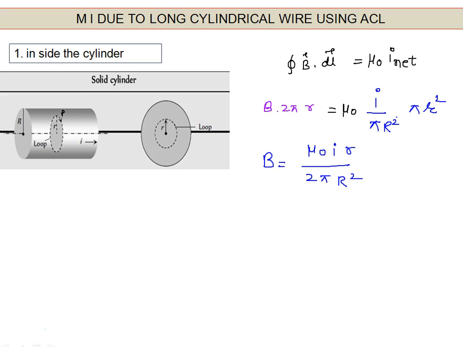So what you will say, inside, at any point, B is directly proportional to r. This is inside. And outside, now all of you are intelligent, it should be 1 by r. It means if you plot the graph, whatever graph you get, I think you can get very easily. Here it is directly proportional, here it is inversely proportional. So you can plot the graph.